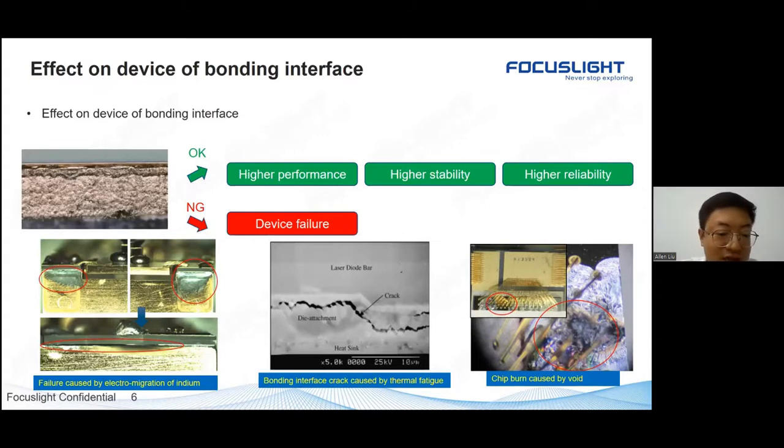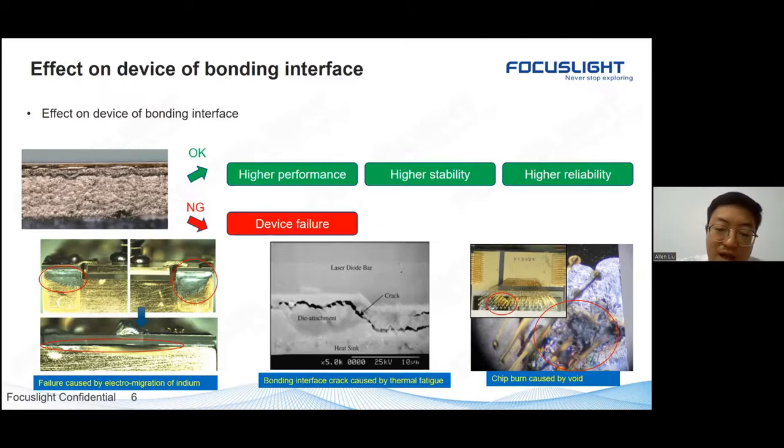When we use indium solder as a bonding interface, the indium solder will flow out when working for a very long time because of electromigration. Then there is a gap between the chip and the substrate, so the heat will be higher, and the device will fail soon.